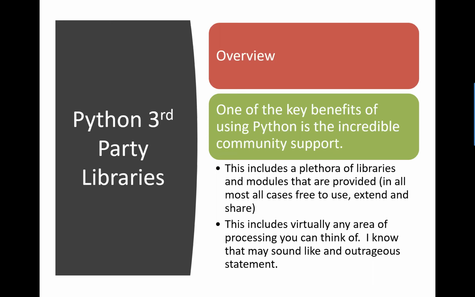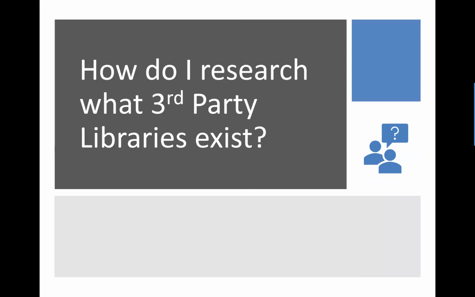But one of the real powers of the Python ecosystem is not only the standard libraries that are available, which are pretty extensive, but also the third-party libraries that other people create. There are many of them. Virtually anything you want to do, you'll be able to find a third-party library that does it, or typically many third-party libraries. So that's one of the key benefits of the ecosystem for Python.